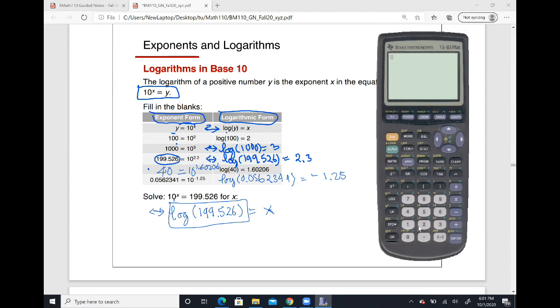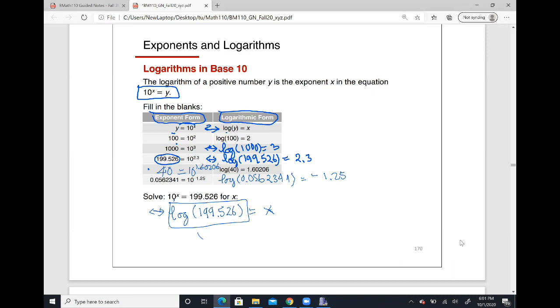I will use log base 10, so here's log base 10. See that? Log, and then 199.526, close the parentheses, enter. Now that's going to be the answer for x.